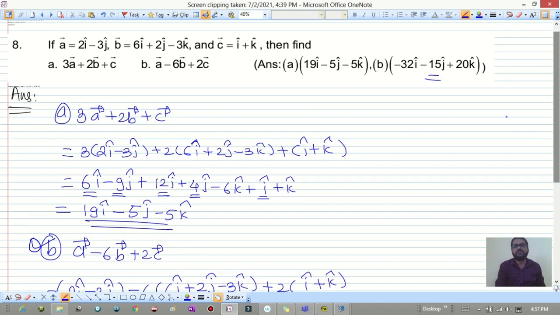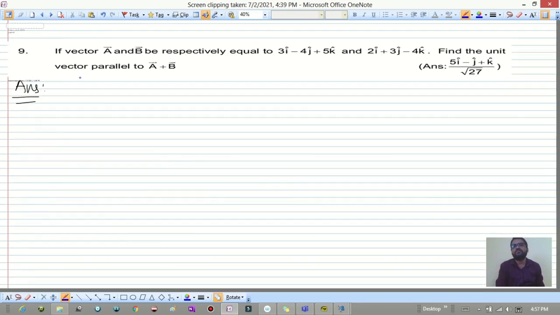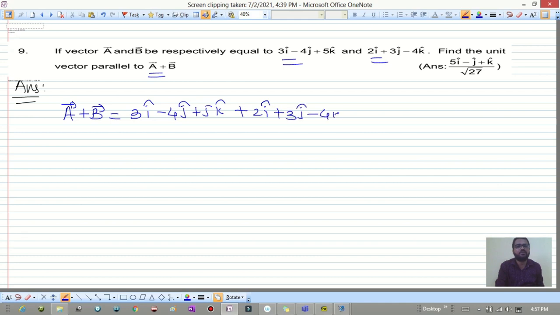Okay. So next question, that is question number 9. If vector a bar and b bar be respectively equal to given, find unit vector parallel to a bar plus b bar. So firstly find out a bar plus b bar, and that is equal to 3i hat minus 4j hat plus 5k hat plus 2i hat plus 3j hat minus 4k hat. So it will become 3 plus 2, 5i hat, minus 4 plus 3, minus 1j hat, and plus 5 minus 4, k hat.